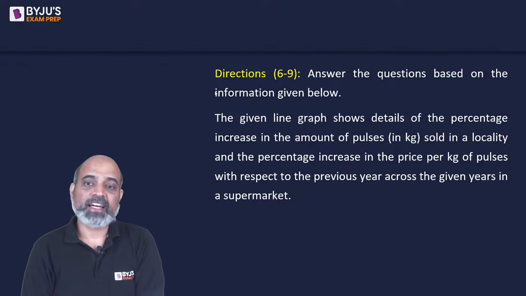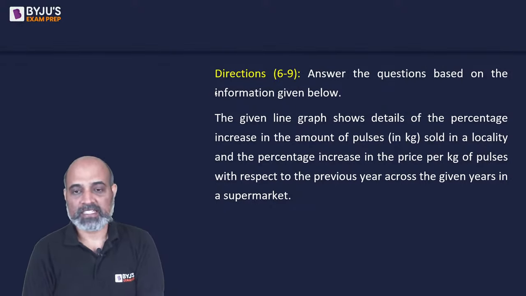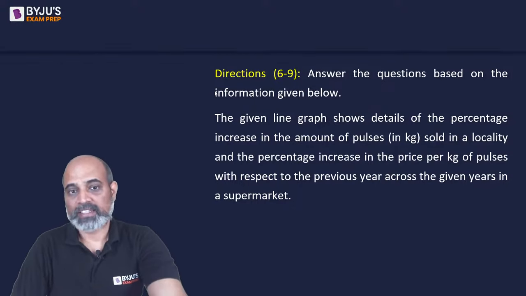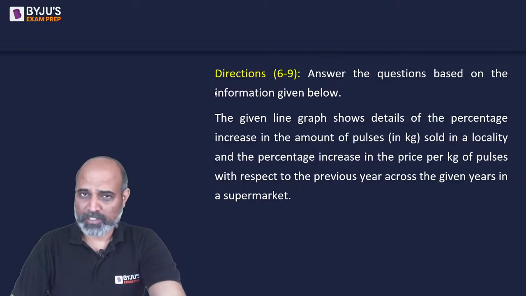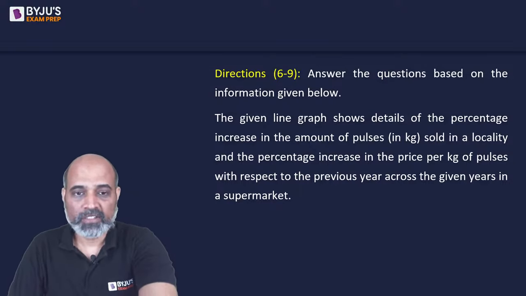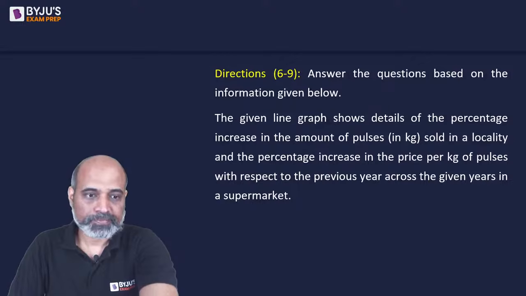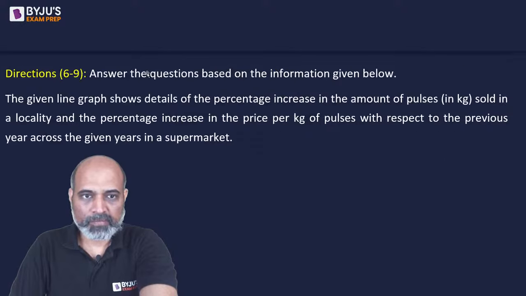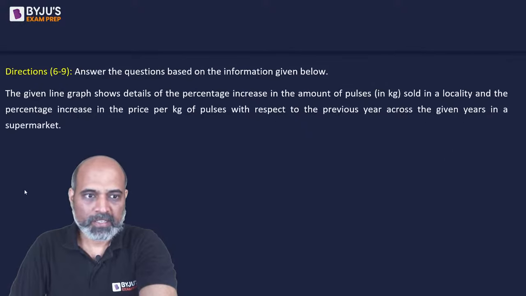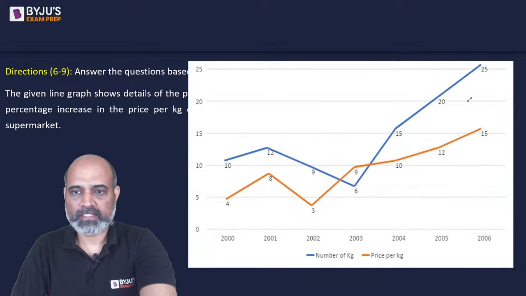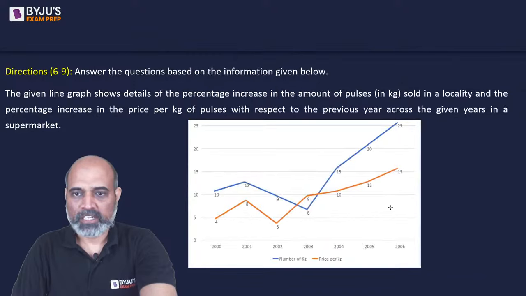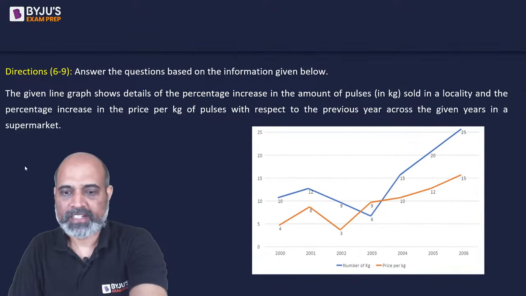The given line graph shows details of the percentage increase in the amount of pulses sold in a locality and the percentage increase in the price per kg of pulses with respect to the previous year across the given years in a supermarket. Right? So let's do one thing. Let's bring the graph on the same slide so that it's clearly visible along with the question, and we will be able to relate it as well.